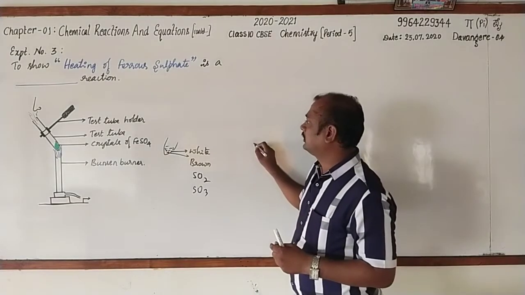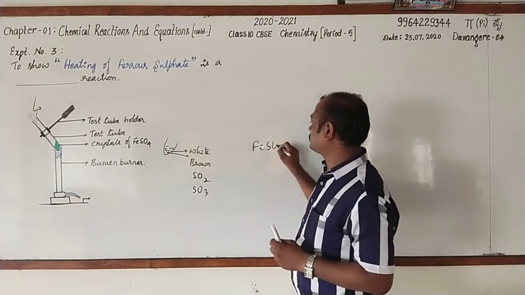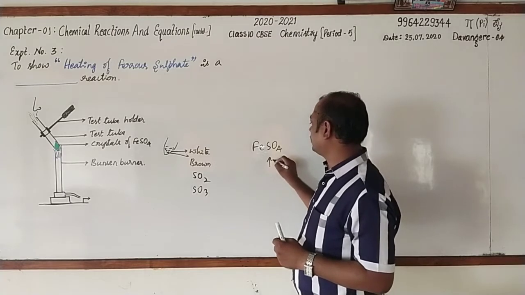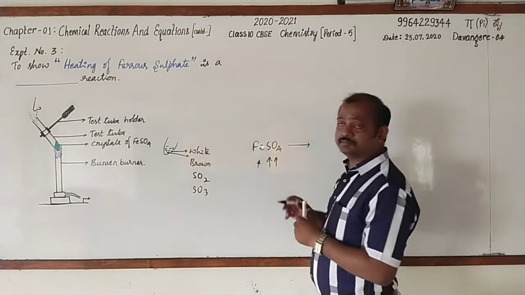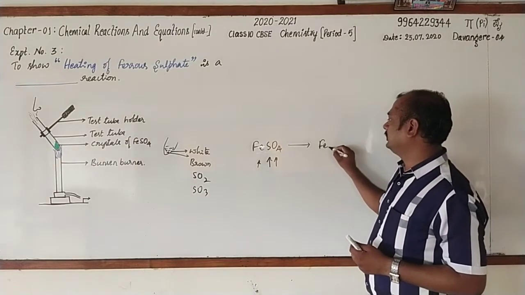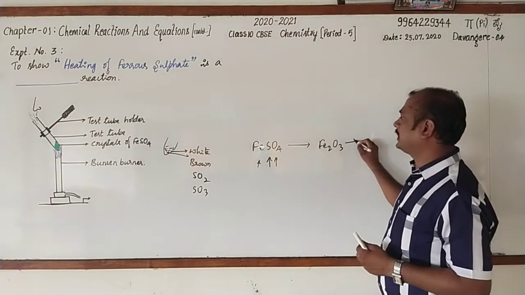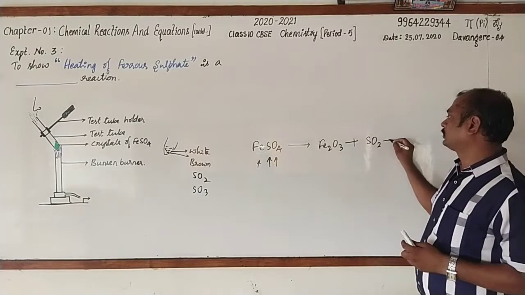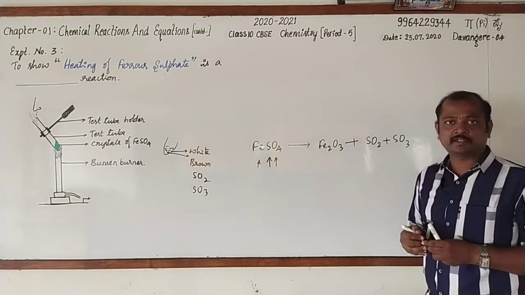Understood? Here, FeSO4 crystals, when heated, split up into iron oxide Fe2O3 plus sulfur dioxide SO2 and sulfur trioxide SO3.